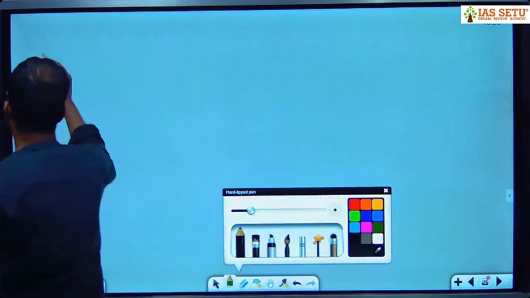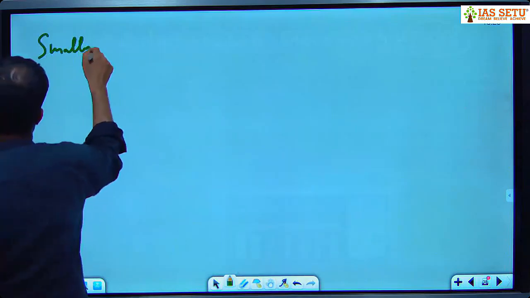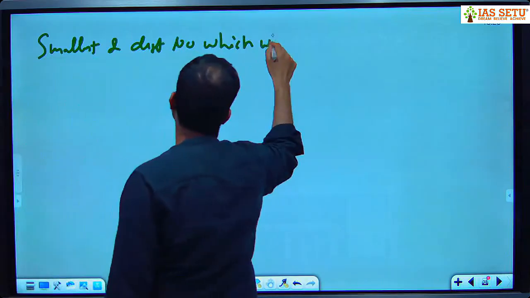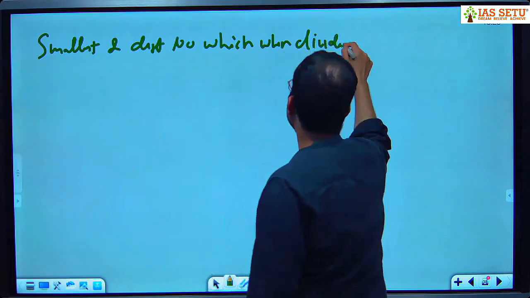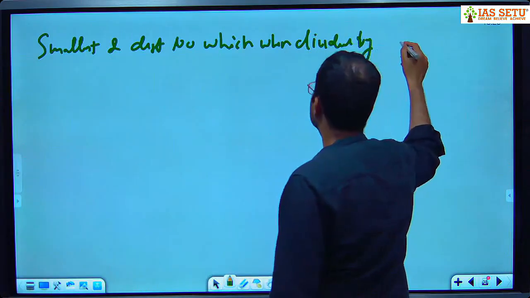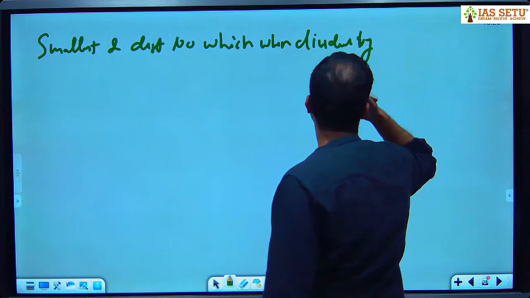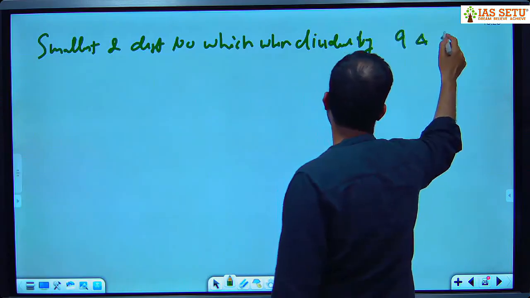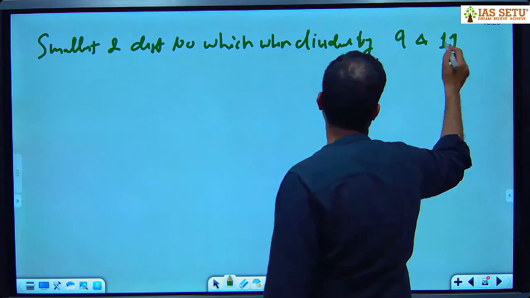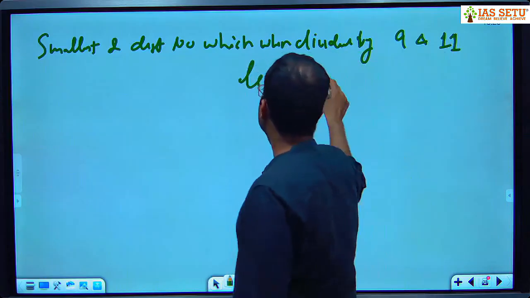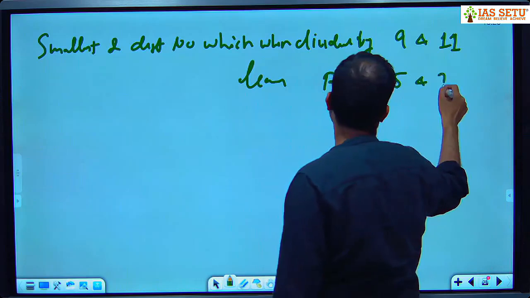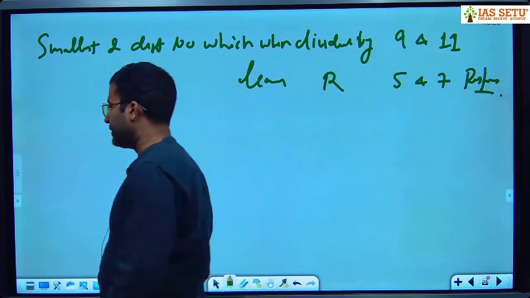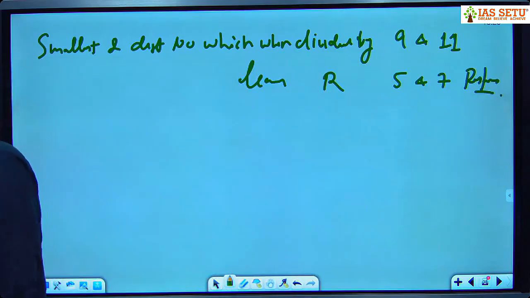Try: smallest two-digit number which when divided by 9 and 11 leaves remainder 5 and 7 respectively. When you divide by 9, remainder 5. When you divide by 11, remainder 7.